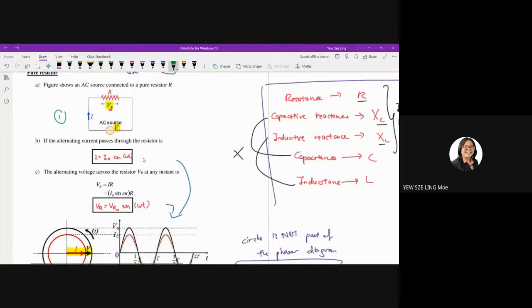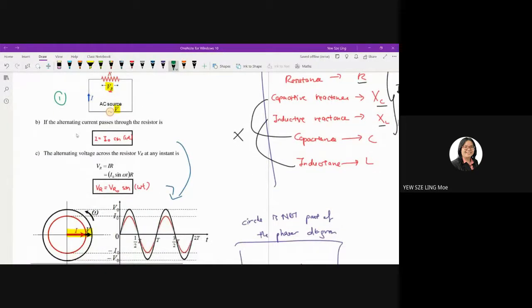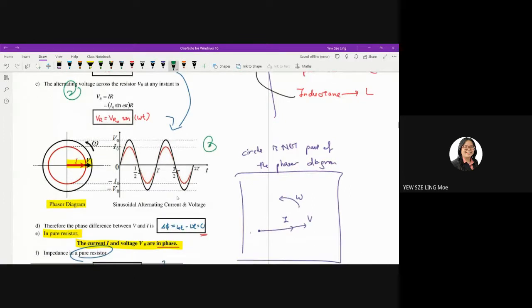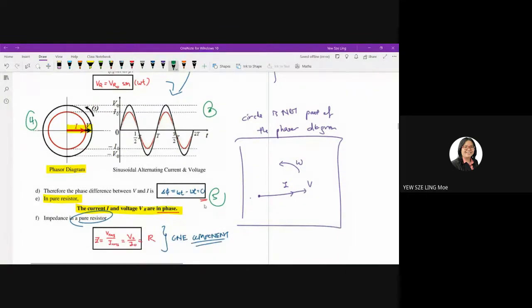And then what is the I and V in terms of a sine function? This is the second thing that you have to know. The third thing you have to know is how to sketch the waveform, and then how to sketch the phasor diagram. From here, we then determine the phase difference between your V and I. So for every single component, you need to know at least these 5 things.